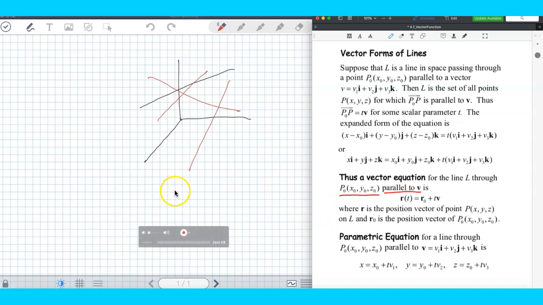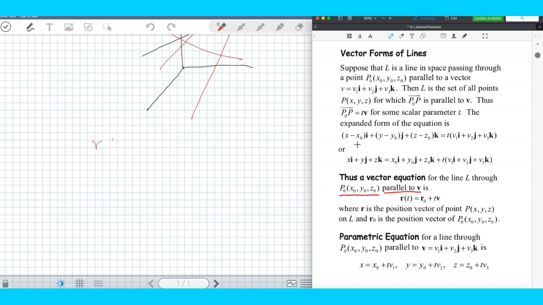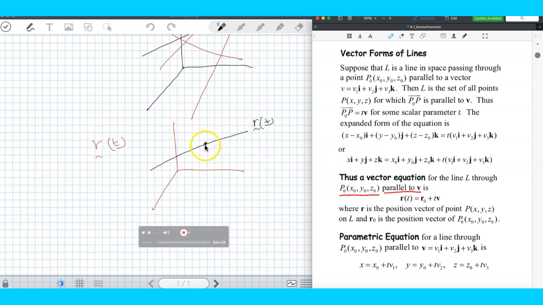Which means that in order for you to obtain the vector function of the particular straight line, you must have a point that is part of the straight line that you want to obtain, the vector r(t), and also a vector which is parallel to the line that you are looking for. So you must have the vector v.